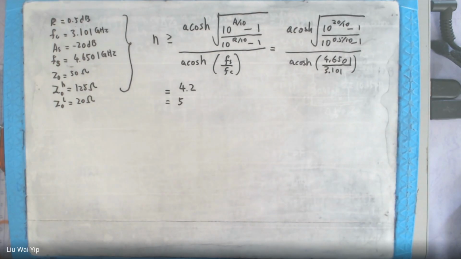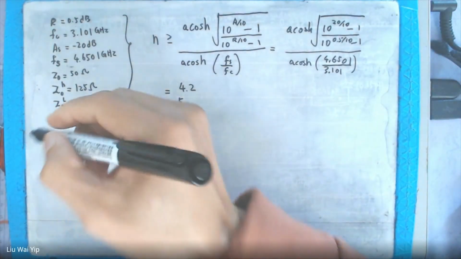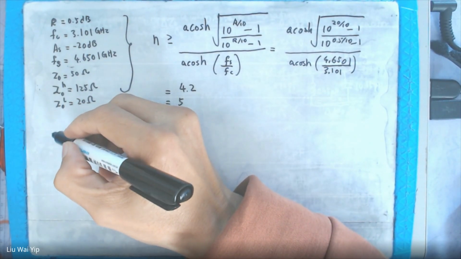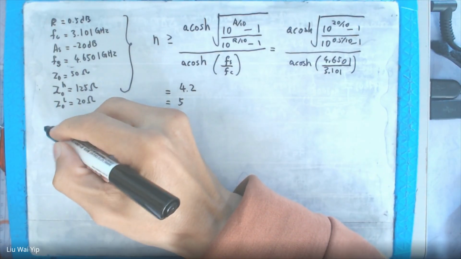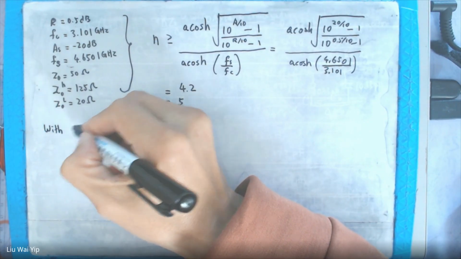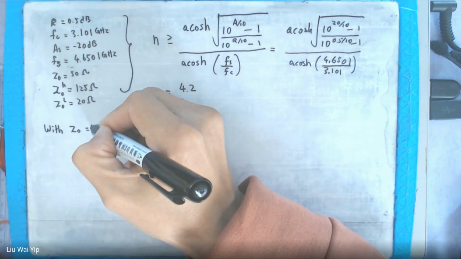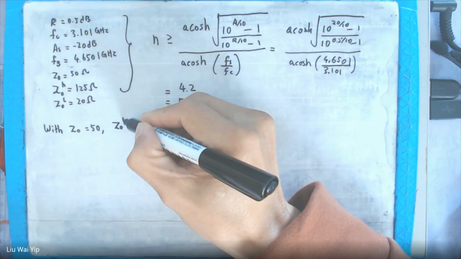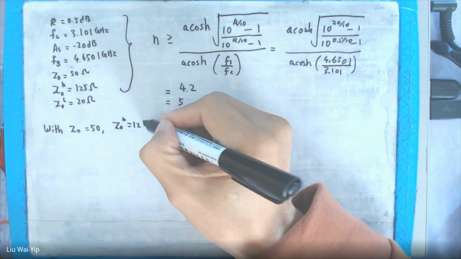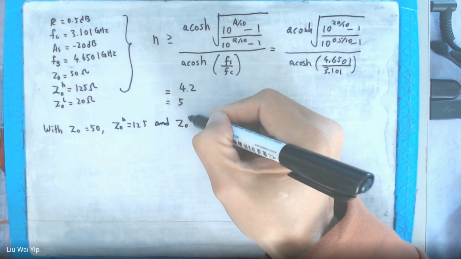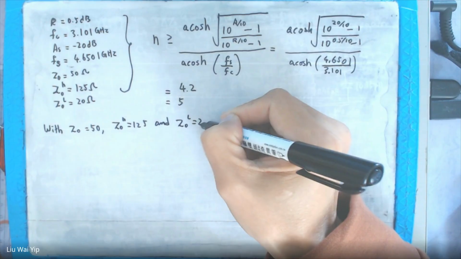So what you need is to use the characteristic equation, with Z0 equal to 50, Z0H equal to 125, and Z0L equal to 20.